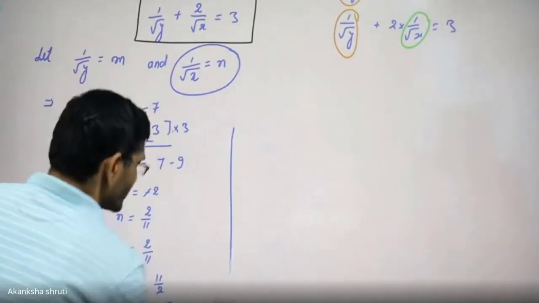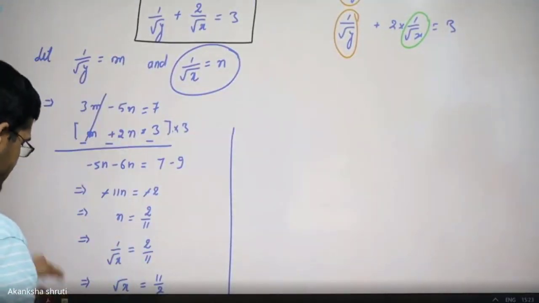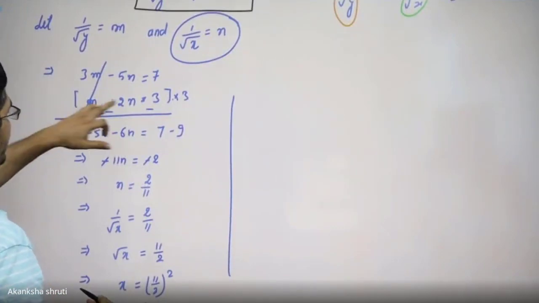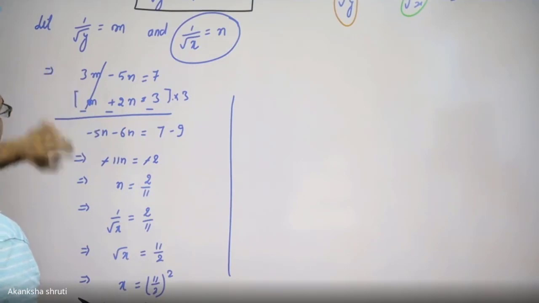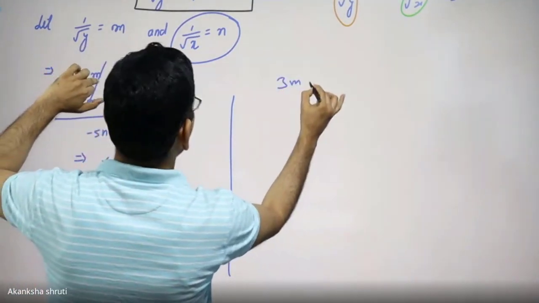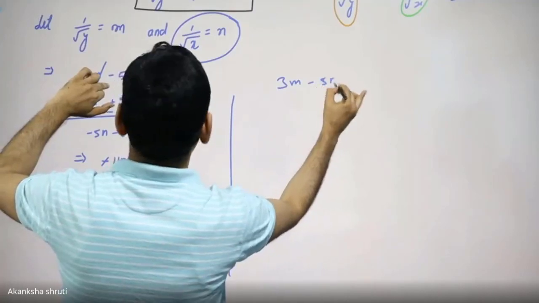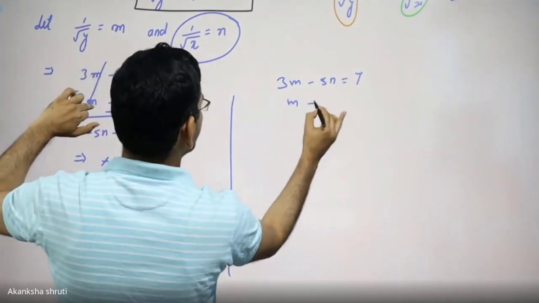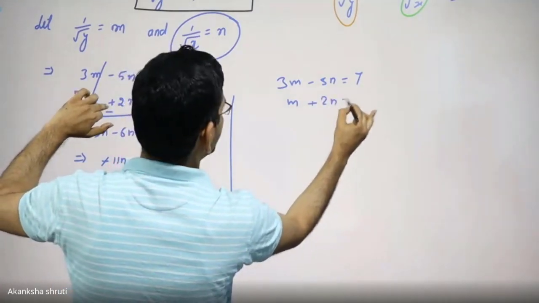Now for the other part, students, again we need to solve for m. Let me rewrite this equation. 3m minus 5n is equal to 7, and m plus 2n is equal to 3.